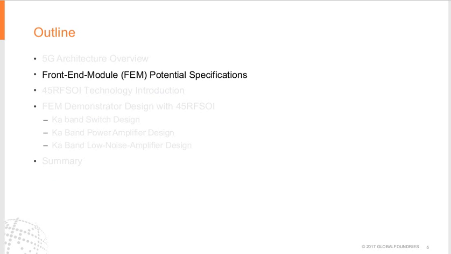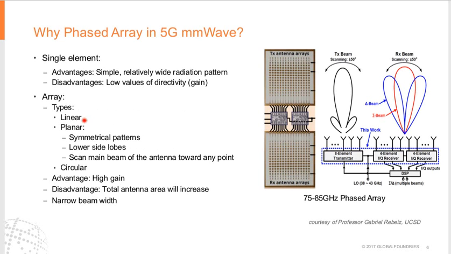Then we'll show some front-end module potential specification. So first is a comparison between single element and phased array. For the single element, the advantage is that it is pretty simple and has a relatively wide radiation pattern. The disadvantage is low directivity, low gain.